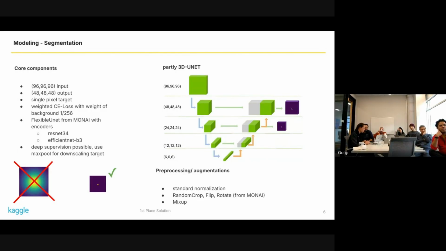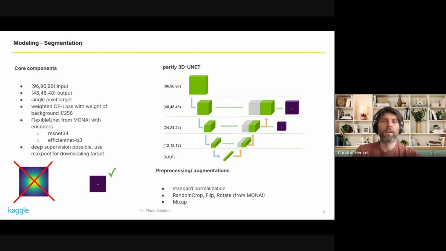One question. So for the weighted cross-entropy loss, how did you determine the 1/256 scalar for the background? Yeah, that was a mixture of the number of pixels you have in the cube as foregrounds and backgrounds, just to get a rough indication of the scale.